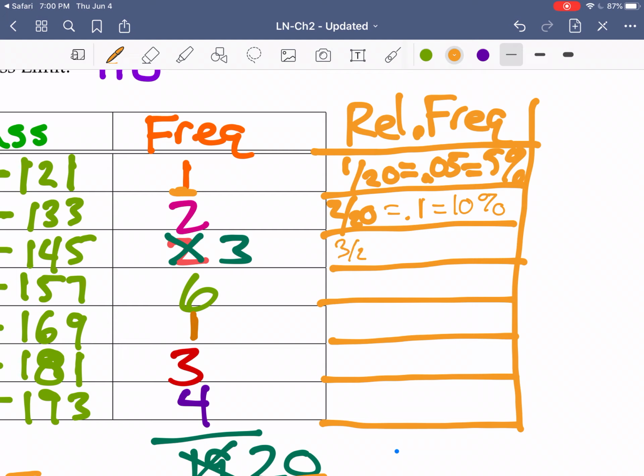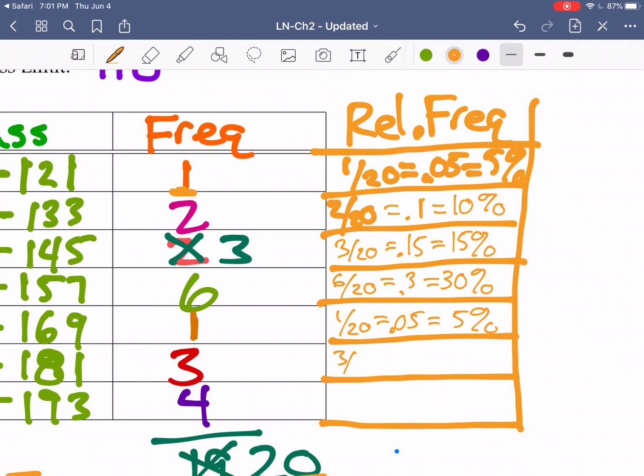We'd have 3 out of 20, which is 0.15 or 15%. 6 out of 20, which is 0.3 or 30%. 1 out of 20, which we found above, was 0.05 or 5%. 3 out of 20, which is 0.15 or 15%. And finally, 4 out of 20, which is 0.2 or 20%.